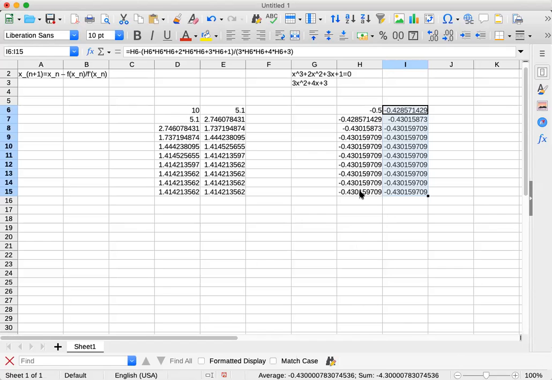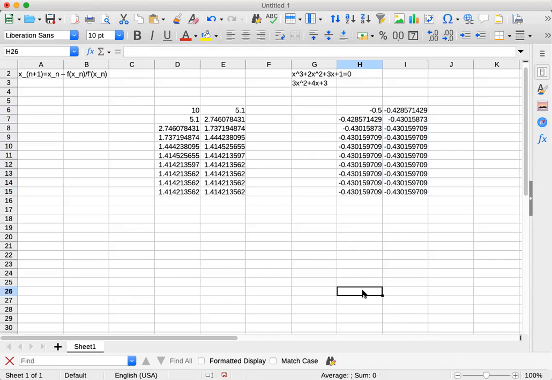Well, let's say that you don't believe me. I'm going to put this number in this cell, negative 0.430159709.